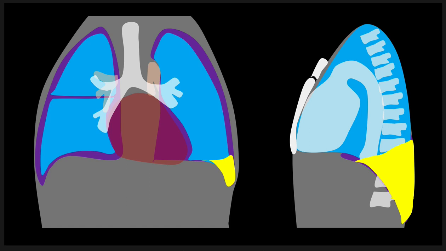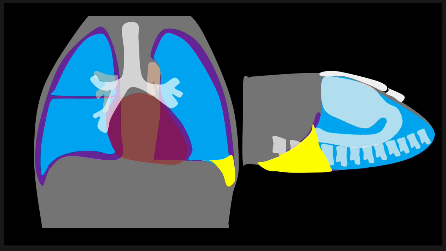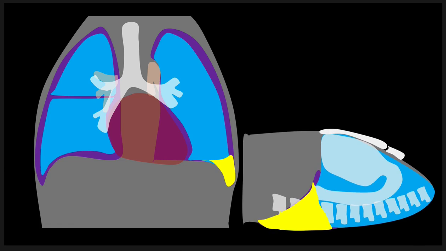Now let's talk about the supine view. So we'll turn this character on his side, bring this thing down here. When we become supine, you're going to see this phenomenon occur called redistribution, which basically means gravity is going to get a hold of this pleural fluid and layer it out.